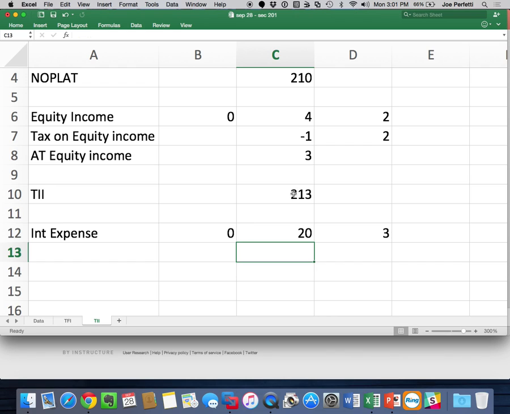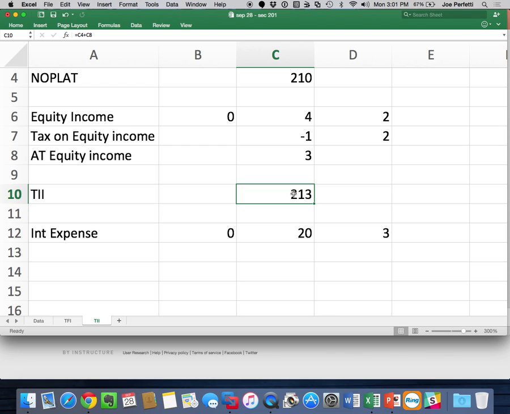I make $213 million of income. I need to balance where the $213 million went. I have positive profits. I have positive payouts. Payouts are positive numbers because that's the only way the statement's going to balance.